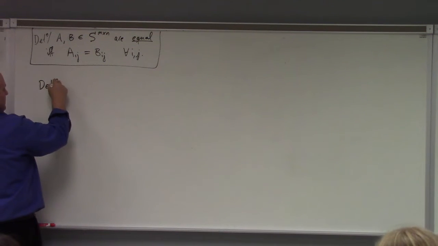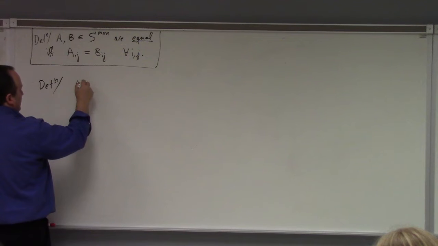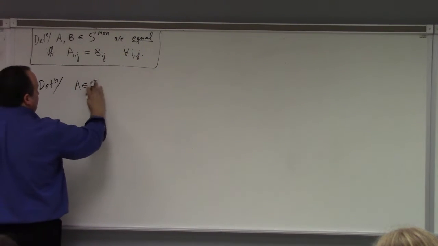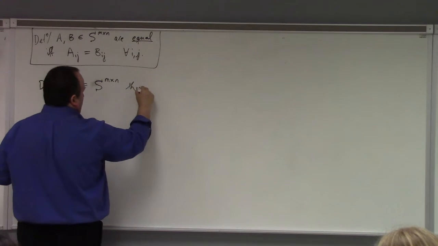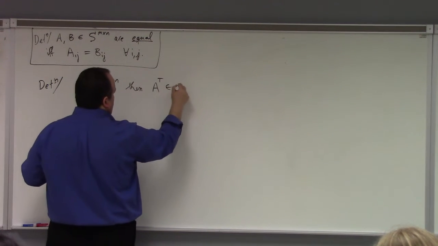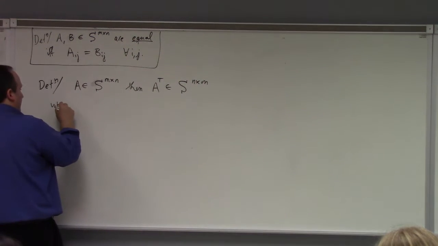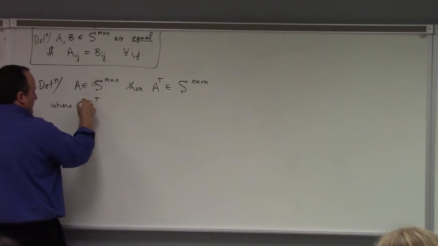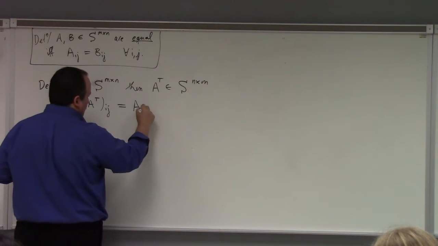One thing we can do, though, for arbitrary matrices: if we have A, an m by n matrix, then A transpose is an element of S n by m, where (A transpose)_ij is by definition A_ji, right?